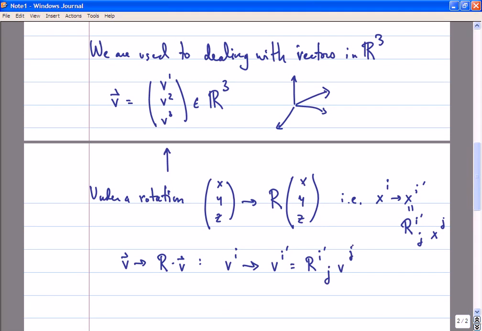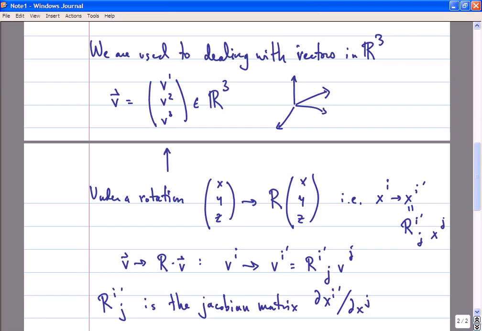And so you can see that this R matrix, this rotation matrix, is the Jacobian matrix dx^i prime by dx^j, or what I call dx^mu prime by dx^mu, using the mu symbol for the index, the Greek index rather than the Roman index.